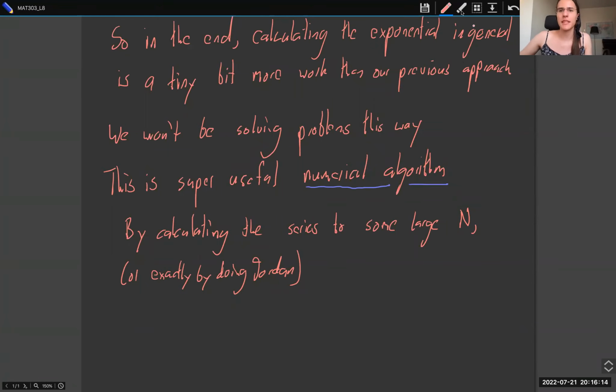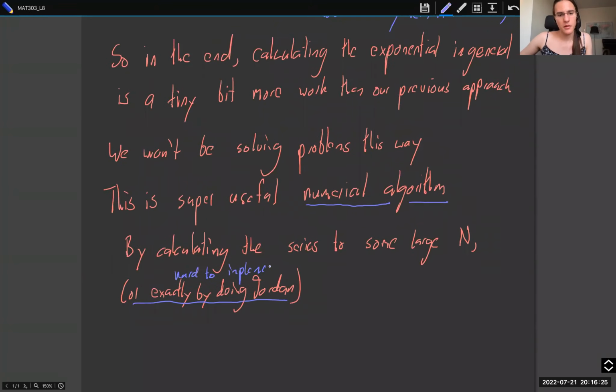So this algorithm is sort of hard. If you want to do it exactly, this is hard to implement. However, calculating the series to a large n, that's easy to implement.